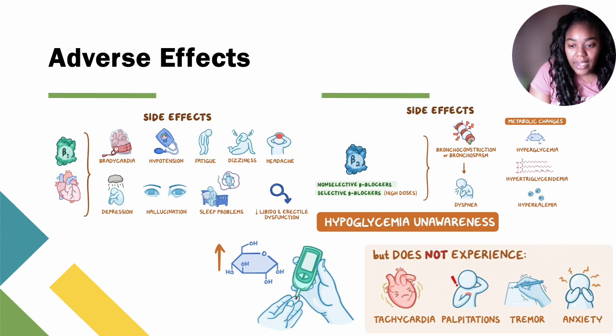So again, it is contraindicated for those with asthma, particularly with a non-selective beta blocker because of the furthering of bronchoconstriction, bronchospasm because of that beta 2 receptor, and it may result in shortness of breath. And you do see other metabolic changes. So again, just make sure you understand the awareness with hypoglycemia as it relates to just any beta blocker.